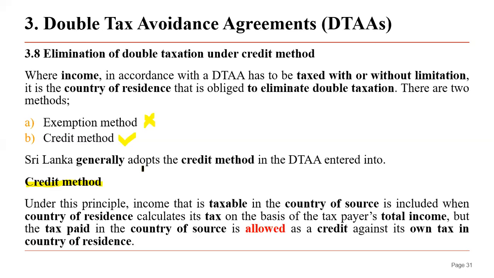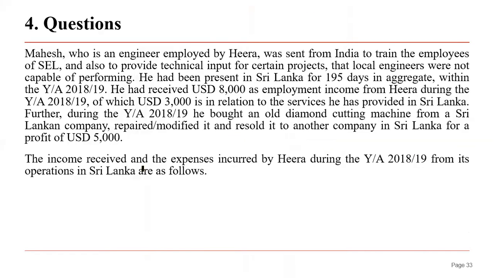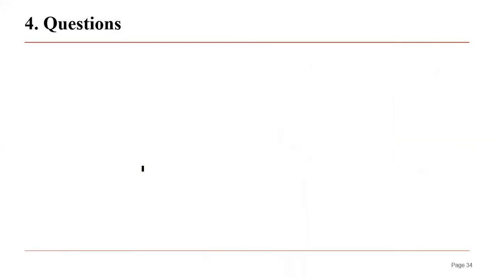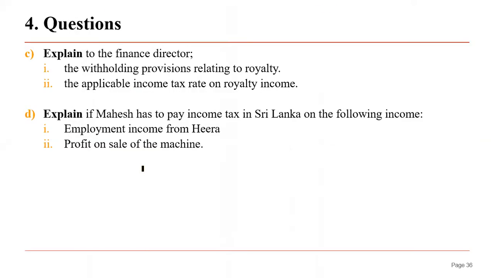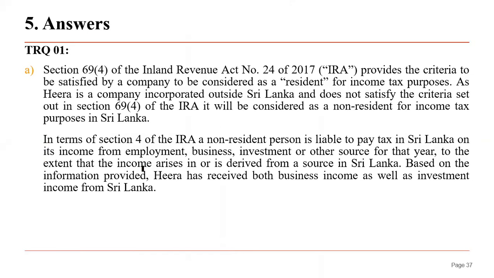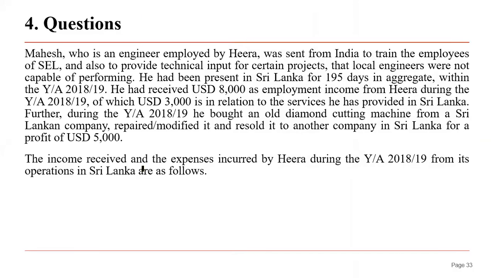How the credit is taken, we discussed last session. And this is one of the publicly available questions I have taken to discuss with you. This question may be useful for you, and we will discuss the answers today itself.